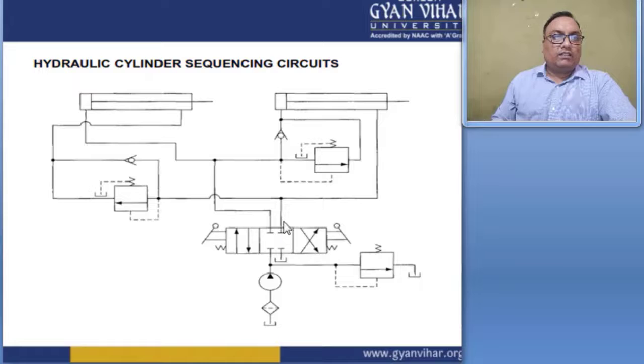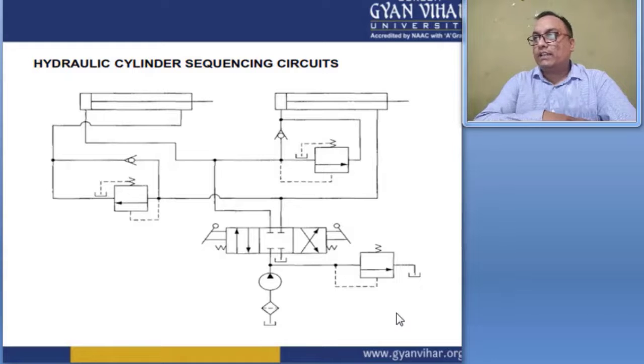The pressure reducing valve is always connected and a one-way valve is connected here, so the fluid does not flow this way; it goes to this side, and the right cylinder retracts fully, and then the left cylinder retracts.